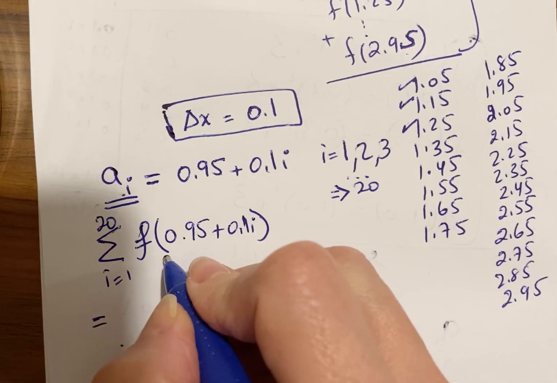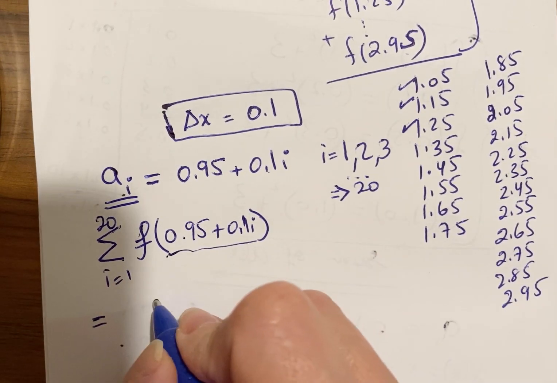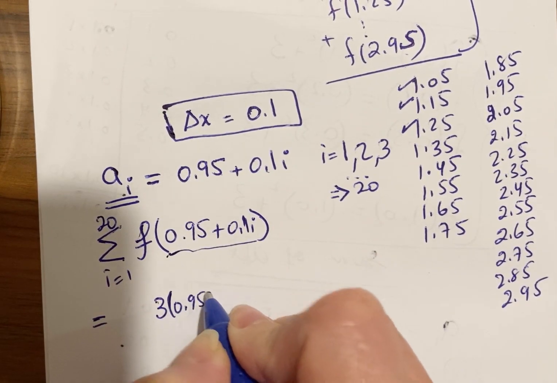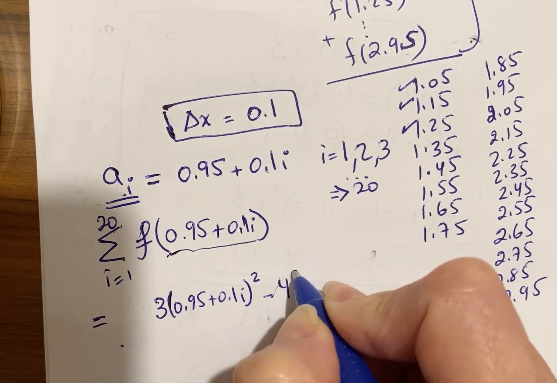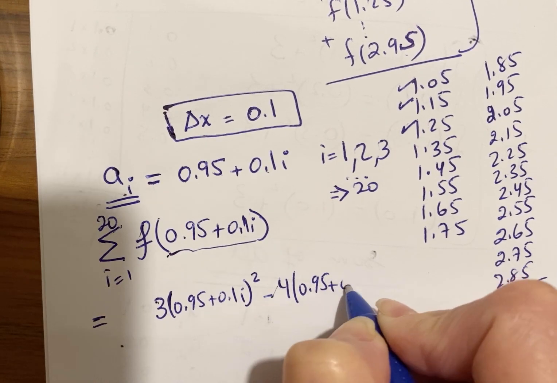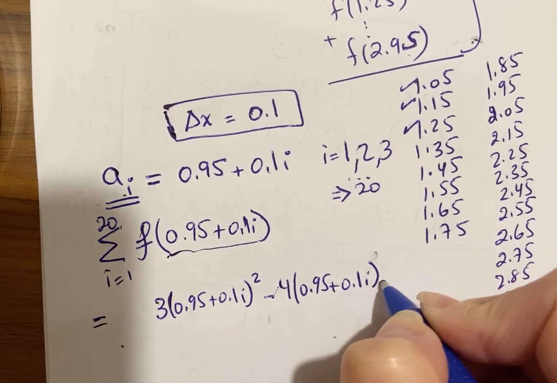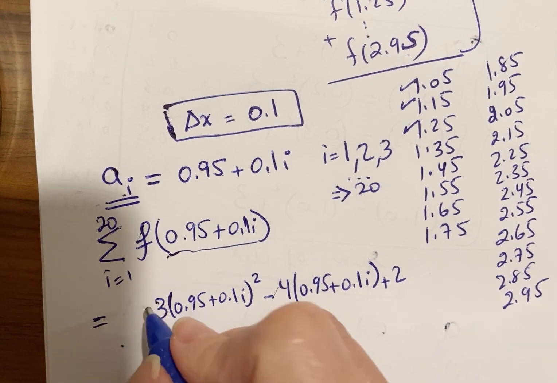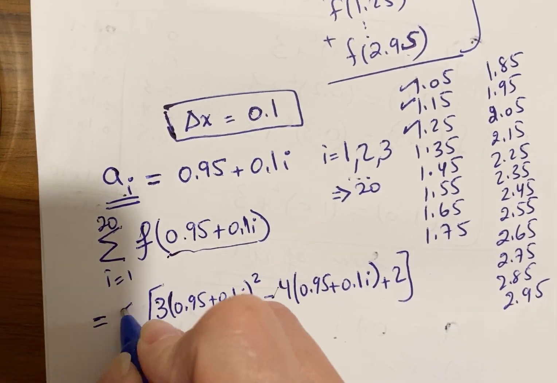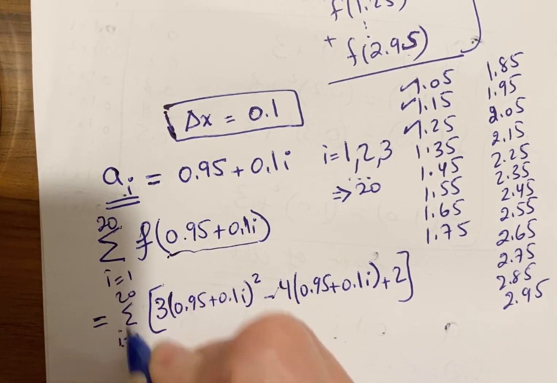So it takes whatever x we have: 3x squared minus 4x plus 2. This is the f. What do I want to do with all of these? I want to add them from 1 to 20.